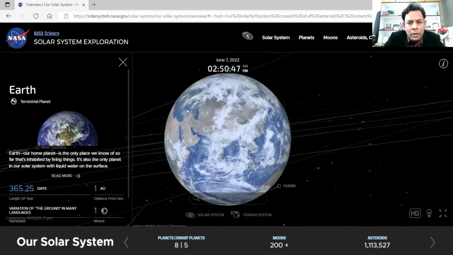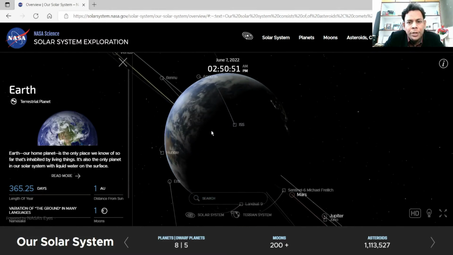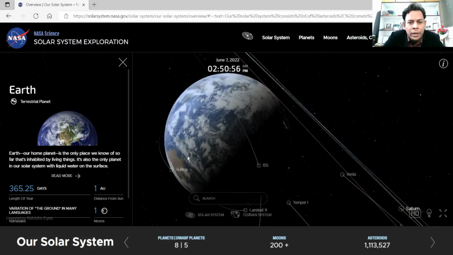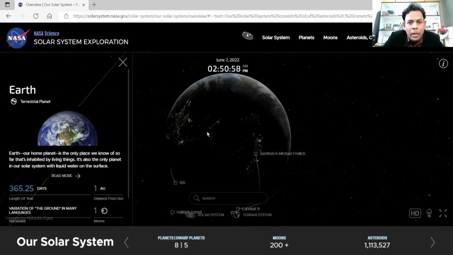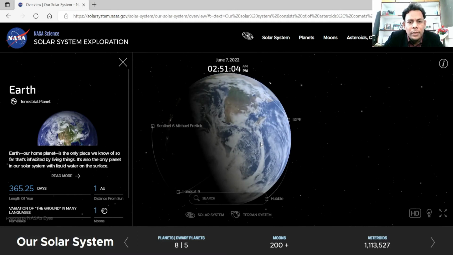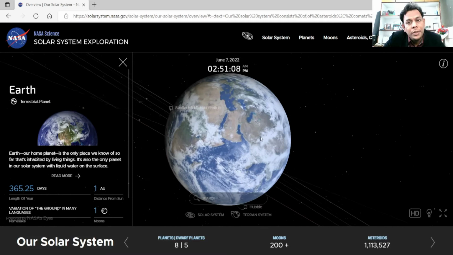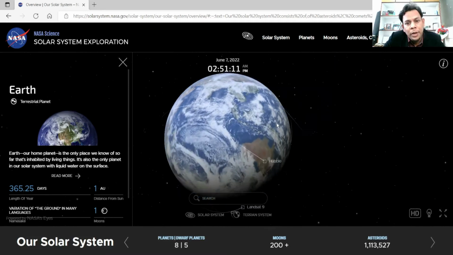Let's say right now I'm in this part of the region. The other part of the region is black because it must be dark, it's actually night over there. You can see some portions which are brighter because of the lights, and right now I'm staying here. Let me look at my position.